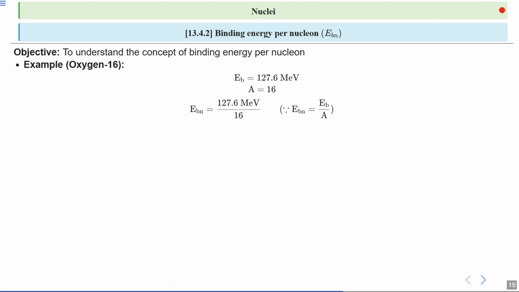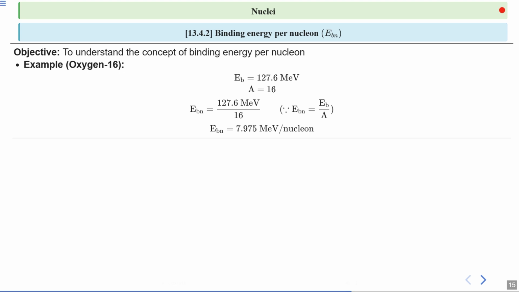We calculate the binding energy per nucleon EBN by dividing the total binding energy by the number of nucleons. EBN equal to 127.6 mega electron volt divided by 16. This formula EBN equal to EB upon A helps us compare how tightly bound different nuclei are, regardless of their size.